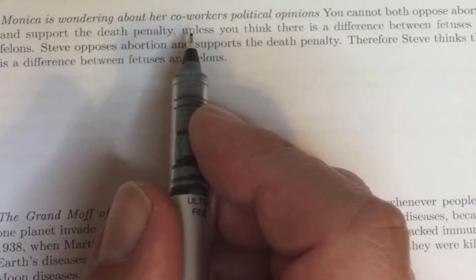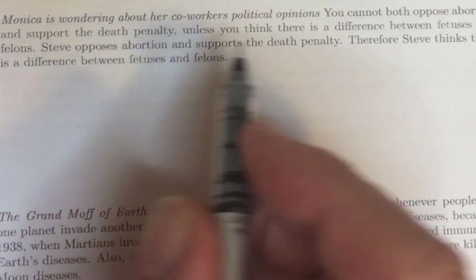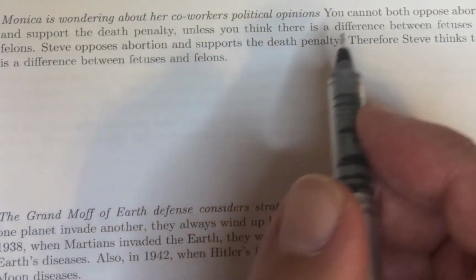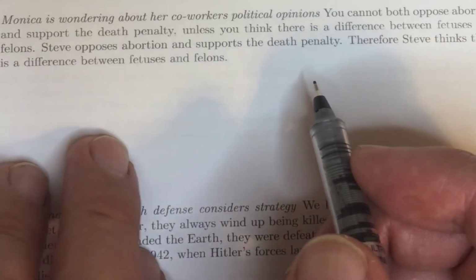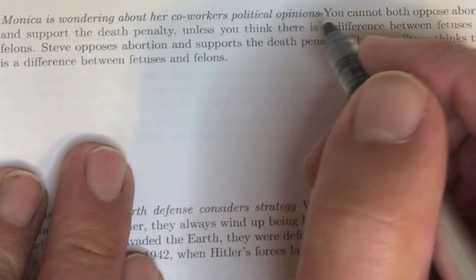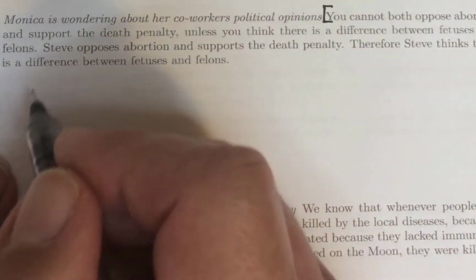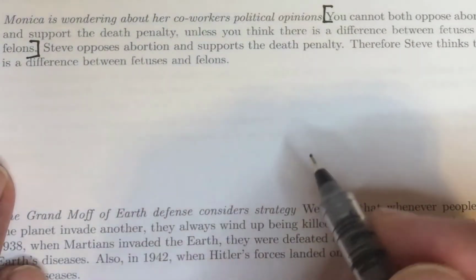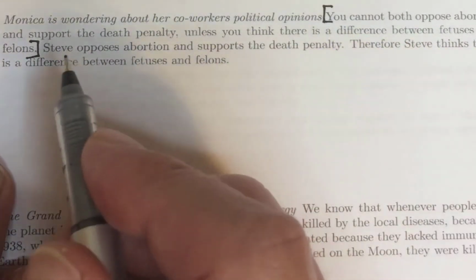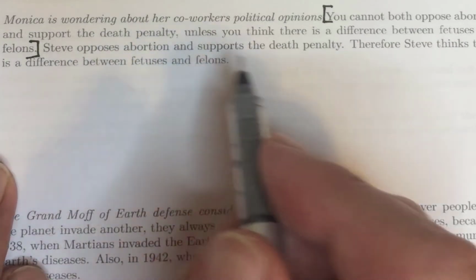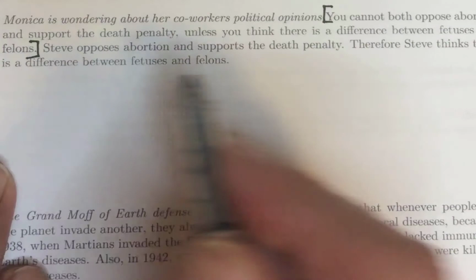Monica is wondering about one of her co-workers' political opinions. Context setting, we can ignore that. The passage consists of several statements. The first thing to note is that this right here, this block, is actually all one statement. You can't break it up into smaller statements. The full passage is, you cannot both oppose abortion and support the death penalty unless you think there's a difference between fetuses and felons.